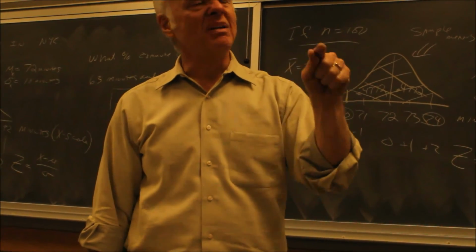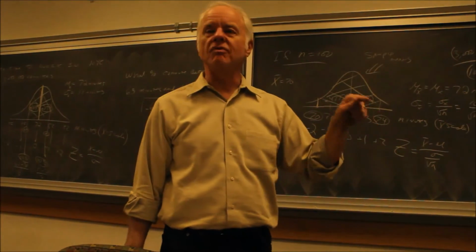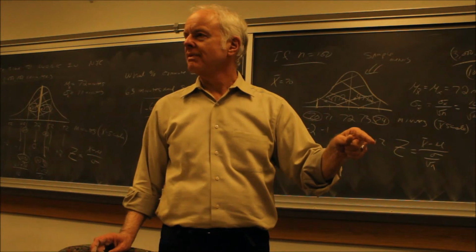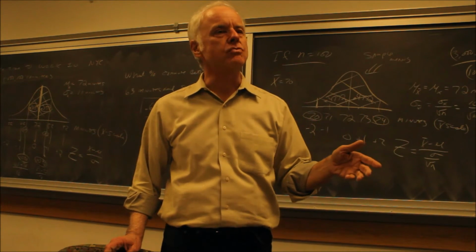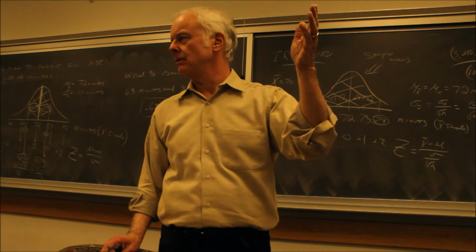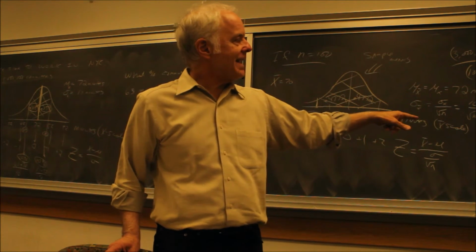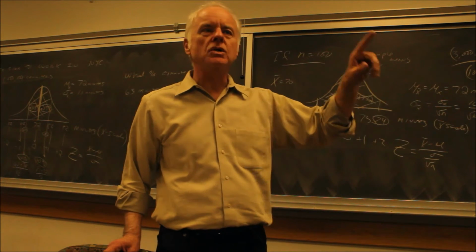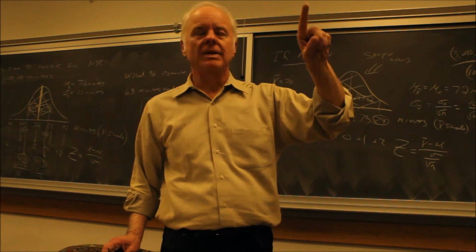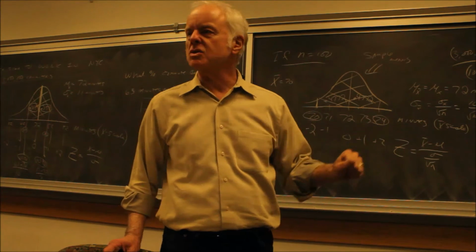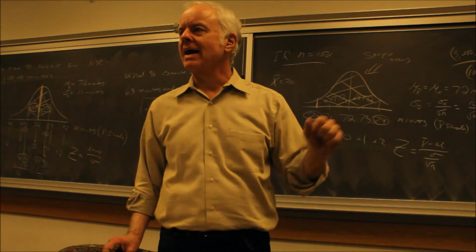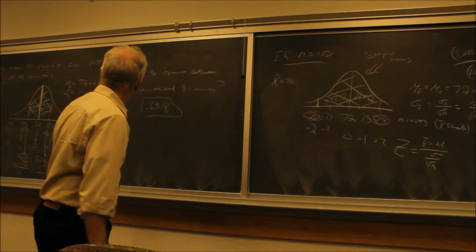I want you to estimate for me the average commute of a New York City commuter. And you go out and you survey your 100 of the 3 million. The central limit theorem says there's a 95% chance that when you get your one X bar, it's somewhere between 70 and 74 minutes. And how does that relate to the true parameter?